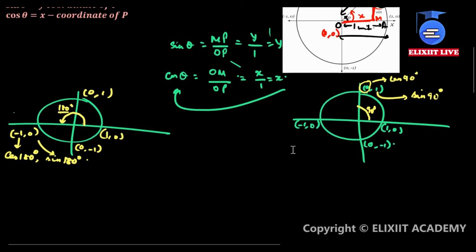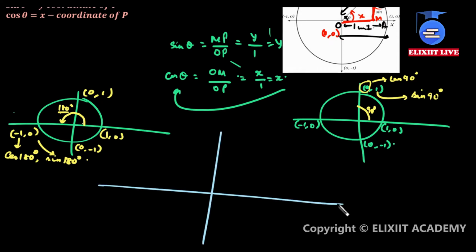Suppose the question is, what is cos of 270 degrees and sin of 270 degrees? On a unit circle, this is 180 degrees plus 90 degrees, which is 270 degrees, and it will come over here.